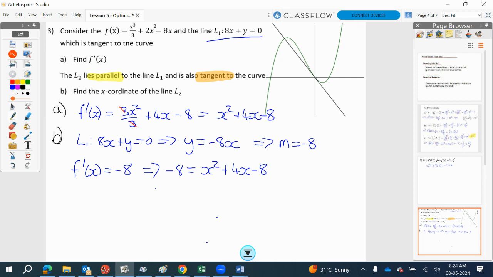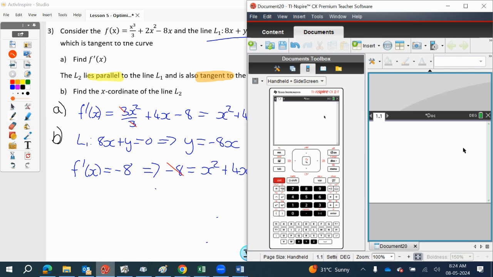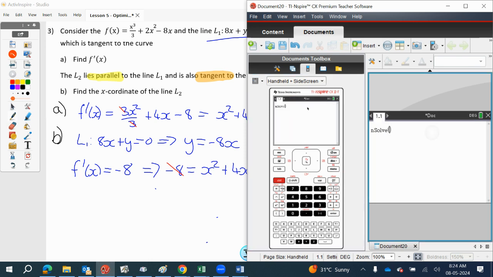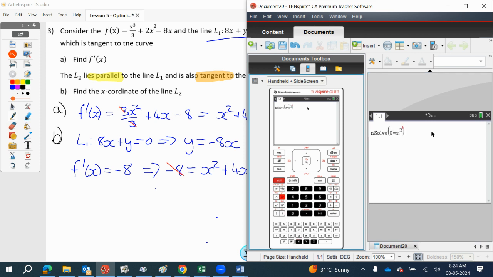Well, just to save time, do we really need these two? So we can n-solve this at this point, or you can factor it. It's fairly easy to factor. Let's n-solve that. Algebra, n-solve. We've now got 0 is equal to x squared plus 4x, comma, solve for the variable x.